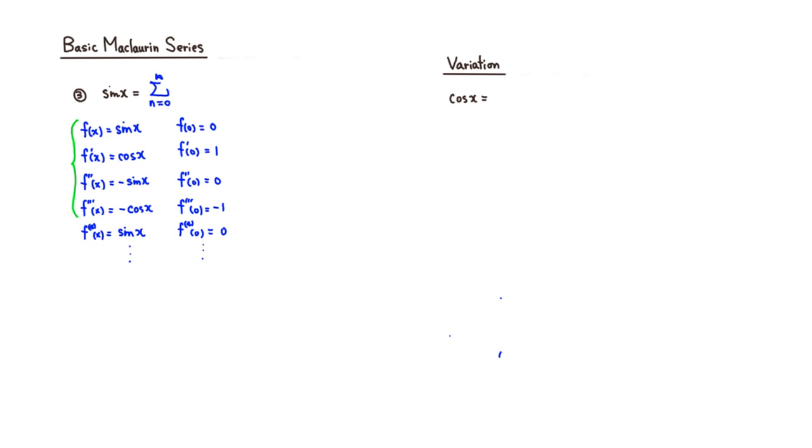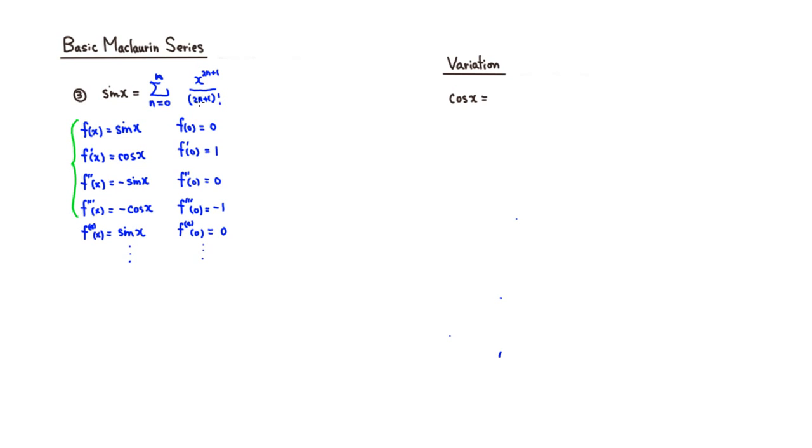We can indicate that by doing x to the 2n plus 1. Then, of course, you have a factorial, but you only have odd terms, so you have 2n plus 1 factorial, right?